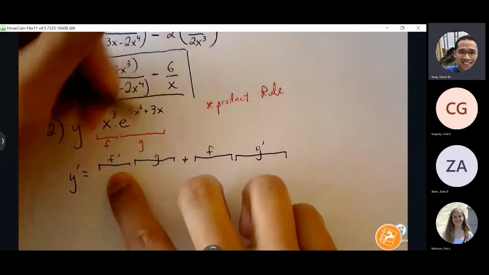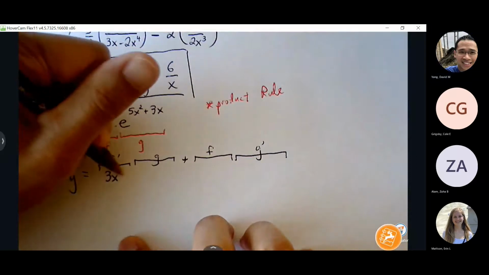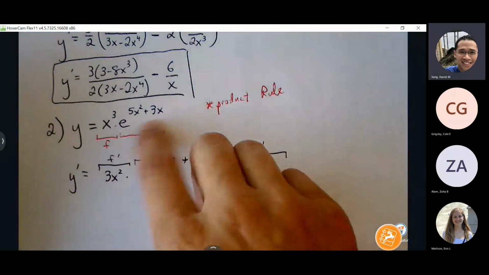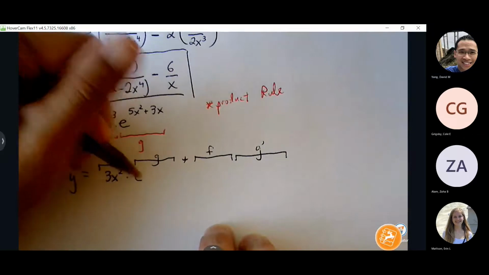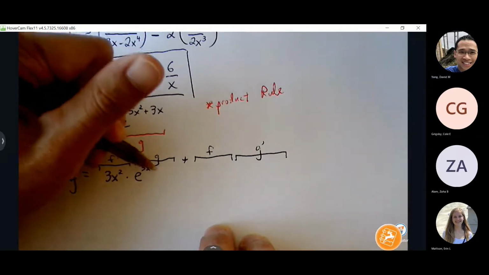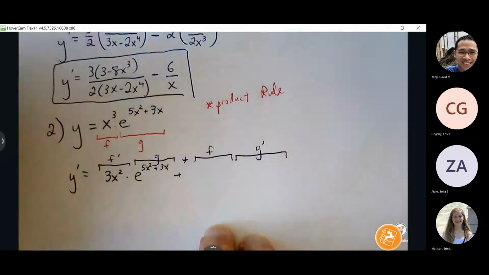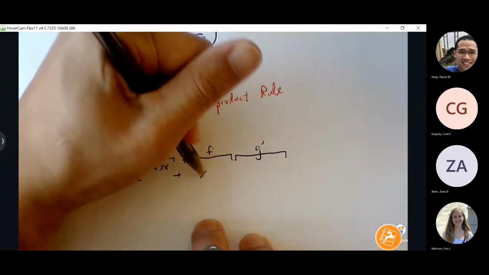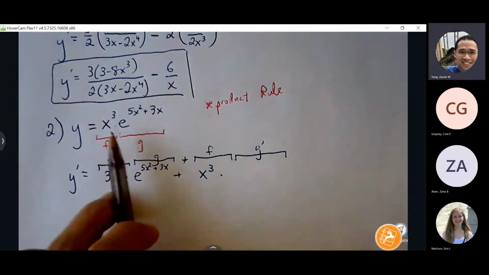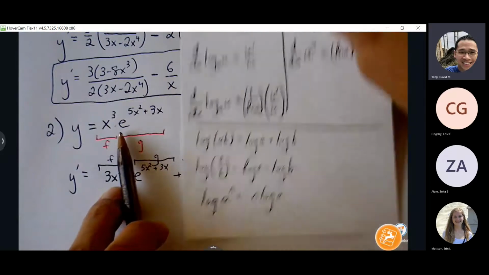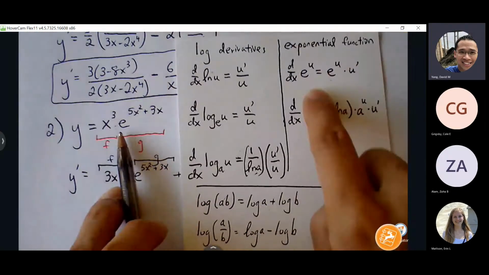f prime will just be 3x squared. g function is just what I see in front of me. Back to f. And then g prime, I have to apply my derivative rule for e to the u. So I just follow what the rule says.